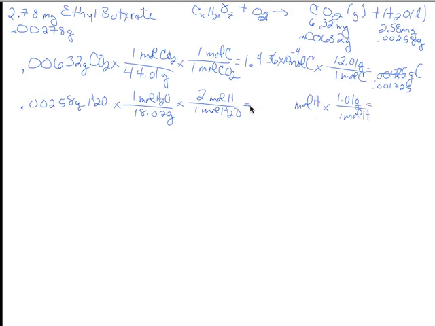So the moles of hydrogen, when I do that math, is 2.863 times 10 to the negative fourth, and the grams of hydrogen is 0.002892 grams hydrogen.